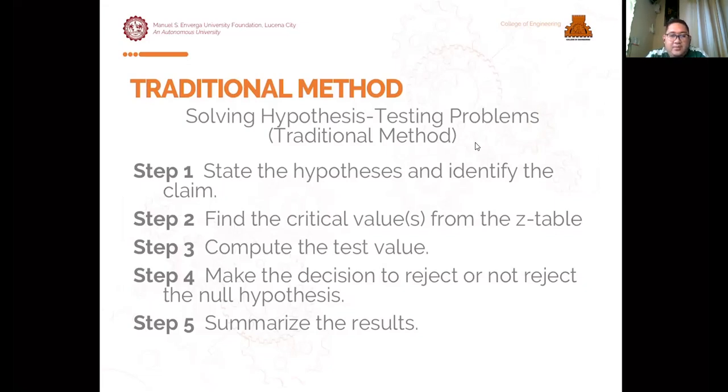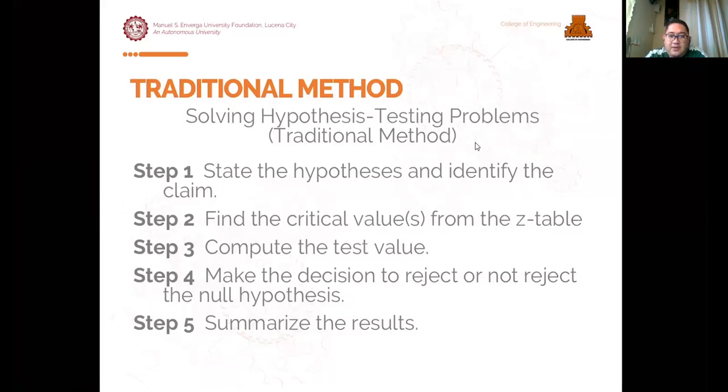And then, kailangan compute natin yung test value. So, sa pag-compute ng test value, we have a formula for Z, no? So, katulad din siya nung sa Z-score halos, pero may iba siyang component, no? So, test value natin is another formula for Z na yung value niya will be compared dun sa nakuha natin na critical value sa Z table. Okay?